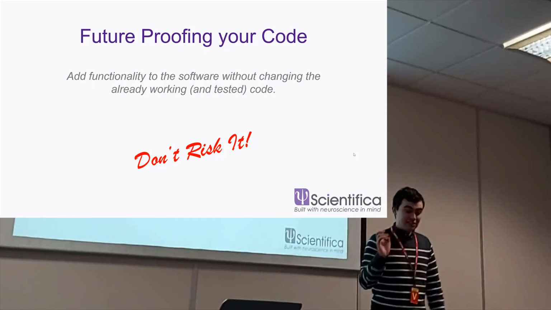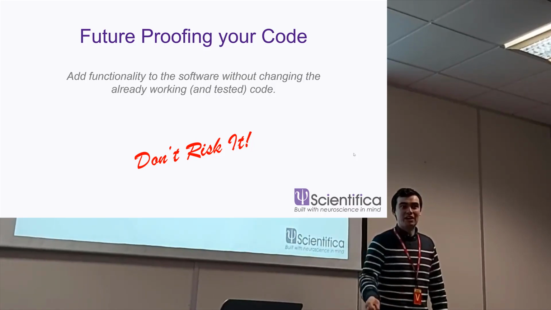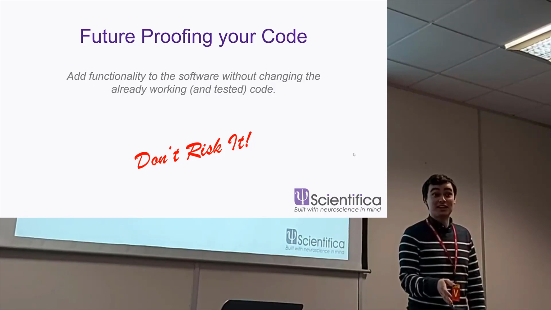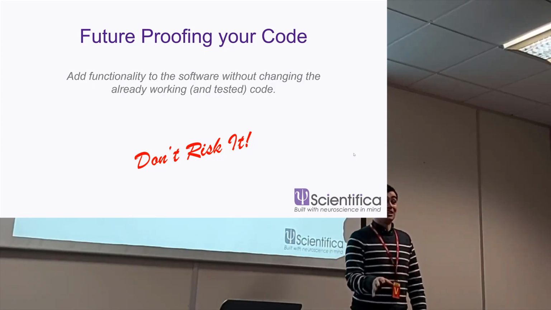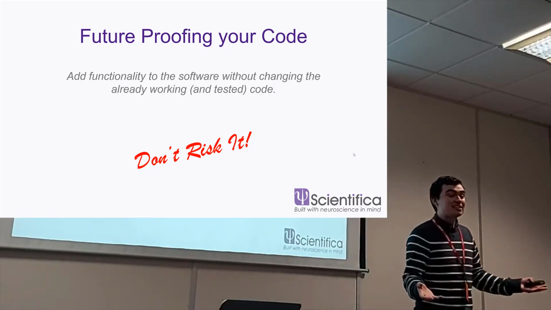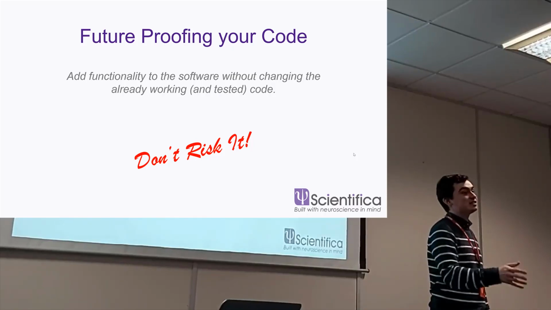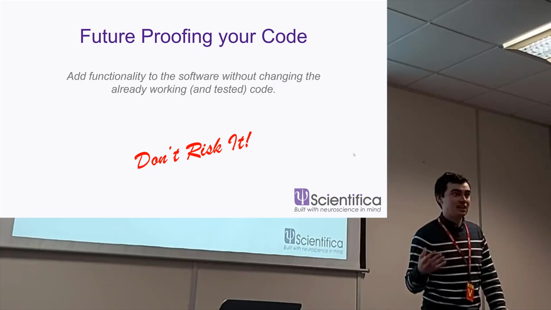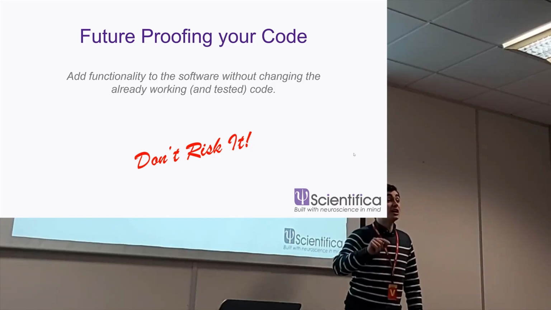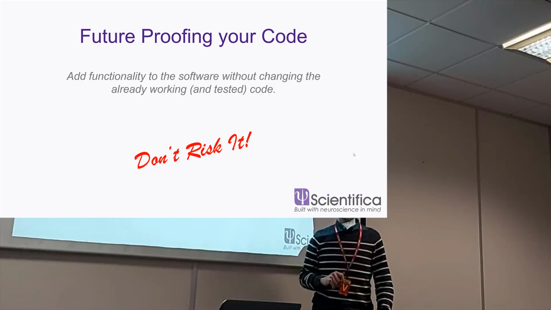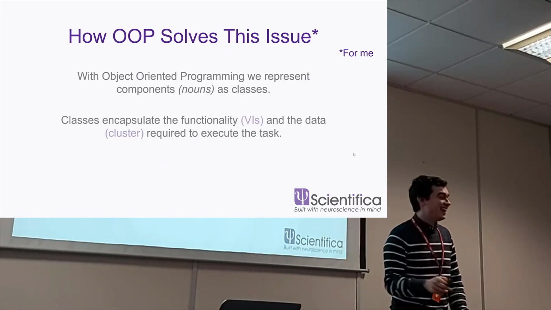I change it, then suddenly it doesn't work, and then my Outlook pings up, and I have to go into the office and say, I promise it was working, but it's not anymore. Whereas if I hadn't changed that code and I just appended some extra functionality, it would have worked. Because all of that code is already tested.